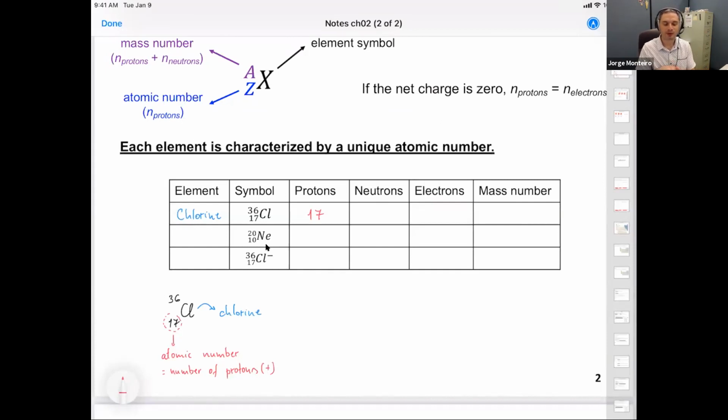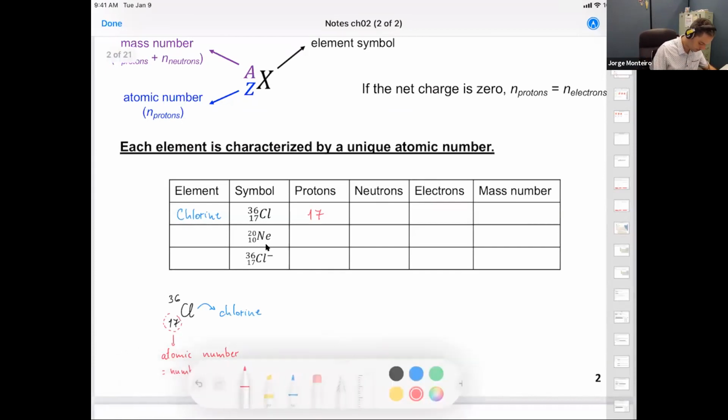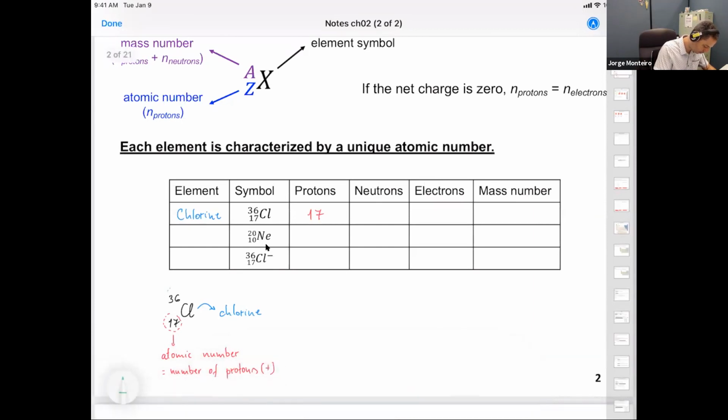Let's try to figure out the number of neutrons now. So now redirect your attention to the number on the top left corner. Here we have mass number.